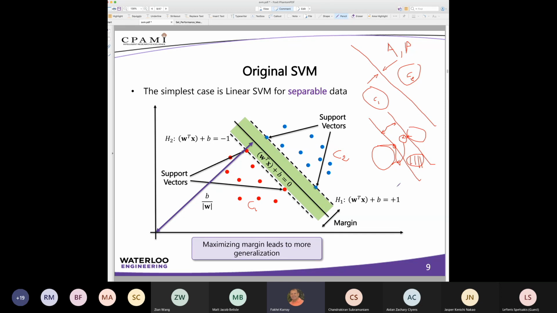Maximizing the margin, what does it do? It gives us generalization. The larger the width of this margin, the more we can situate some of these values in this location without being afraid of invading the space of this other data set. That's why we would like to do it.